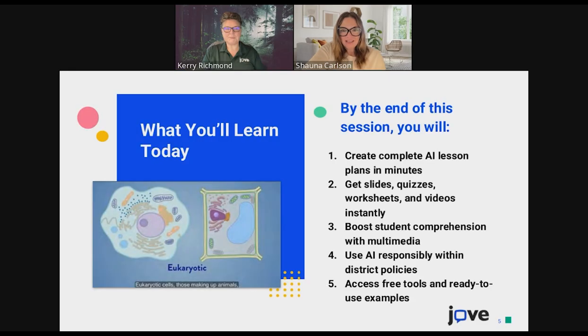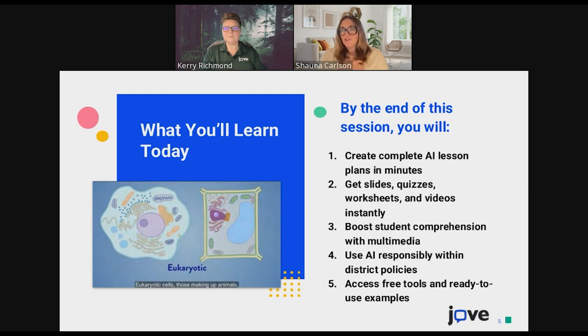Let's start to get into the meat of it and why you are all here today. I want to go over what you are going to learn and your expected outcomes by the end of this session. Our goal is that you'll be able to see how AI can help you build complete lesson plans, not just pieces here and there, like just a slide or a quiz or a worksheet, but all of that together in your AI lesson plan within minutes, if not seconds.